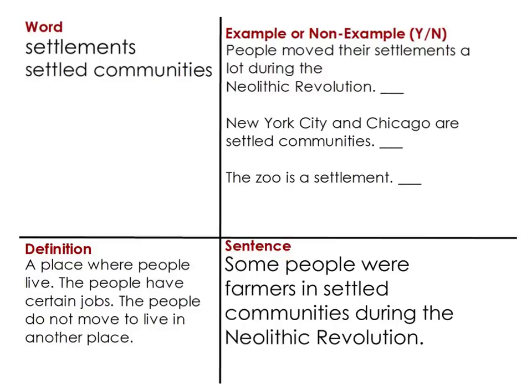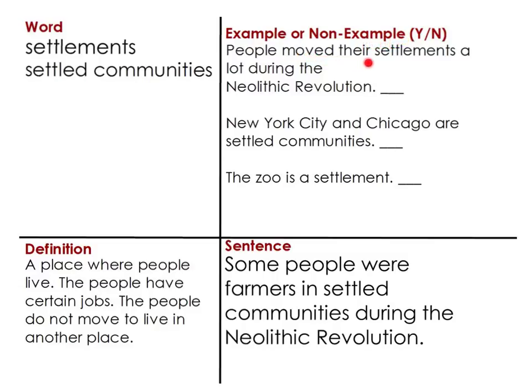Let's read the sentence. Some people were farmers in settled communities during the Neolithic Revolution. You might see the words settled communities for settlements. I'll read the example or non-example sentences.